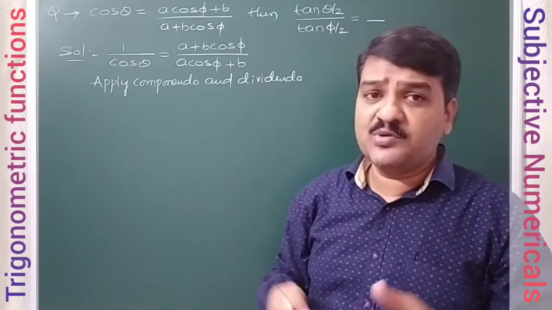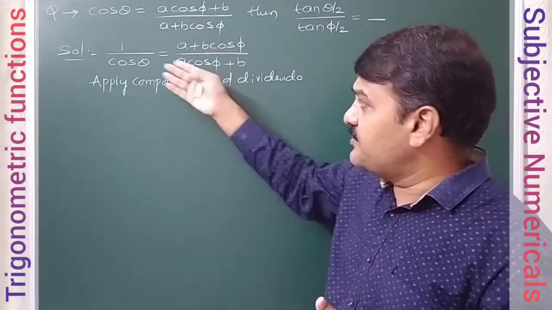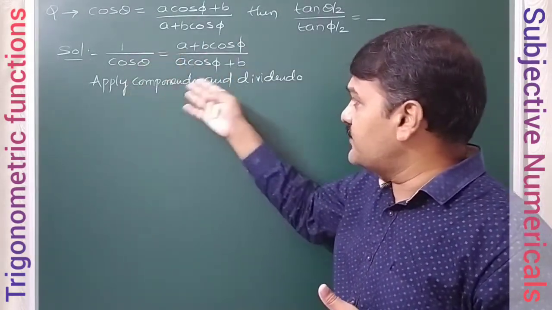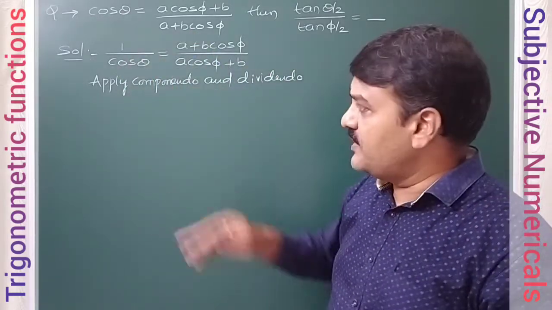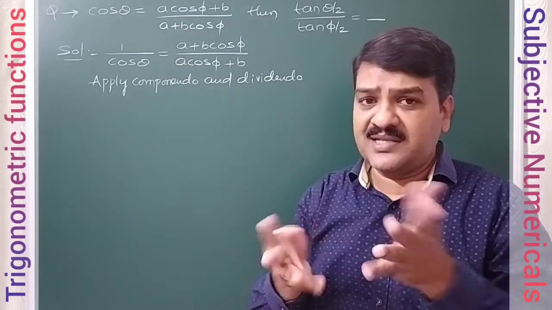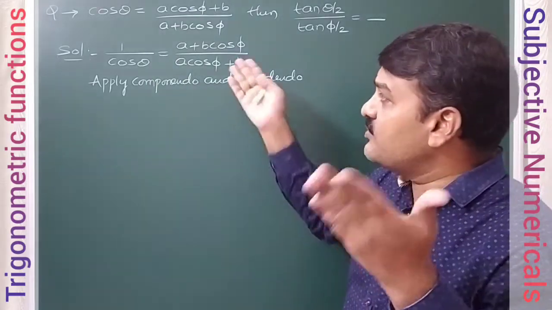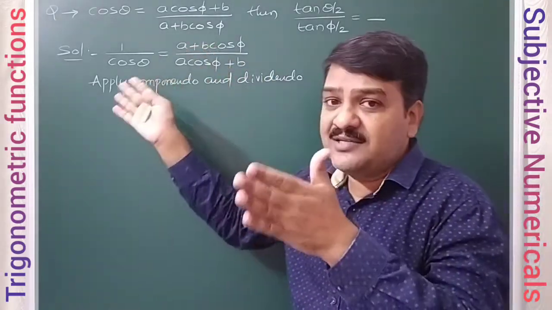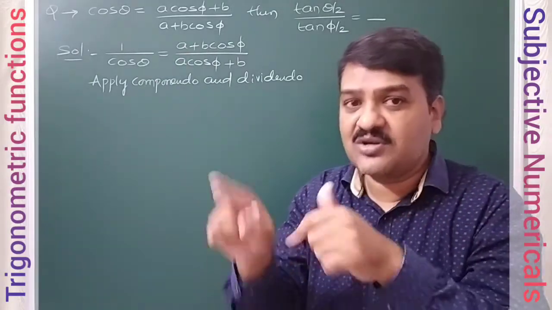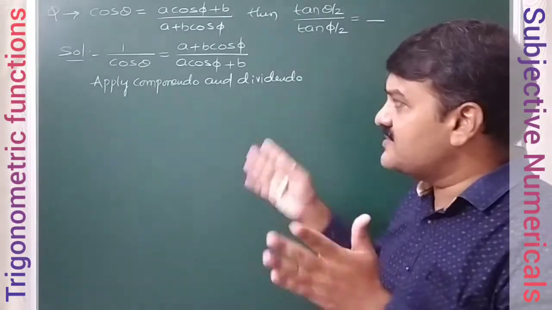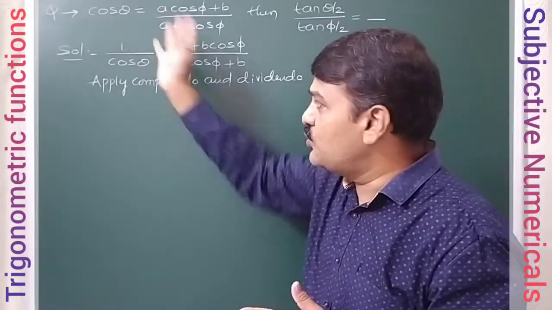So why I am reciprocating: if I reciprocate and apply componendo dividendo, we will get direct formula application. Even if you don't reciprocate, nothing will happen, of course. But if you reciprocate, you will get direct formula application of 1 plus cos theta and 1 minus cos theta. That is the reason I am reciprocating both sides.